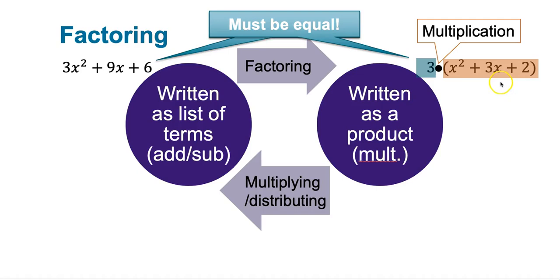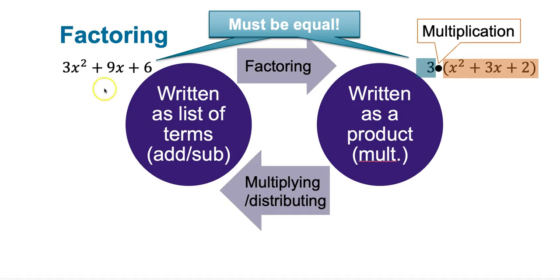How do we know if this expression is equal to this expression? Well, we could multiply or distribute. So take this 3, distribute it to every term, and you would get exactly this polynomial. So this proves that these two are equal to each other, but they're written in different formats. So in this case, we're concerned with the process of factoring.